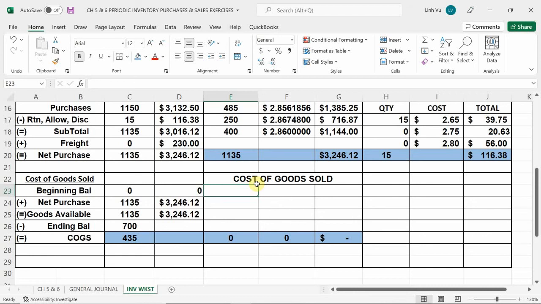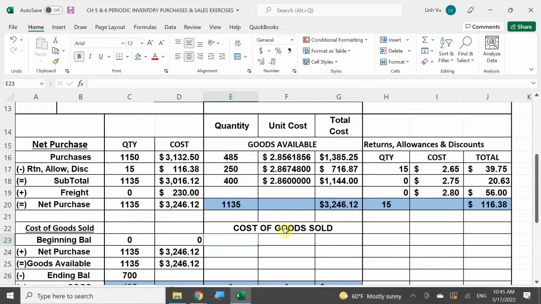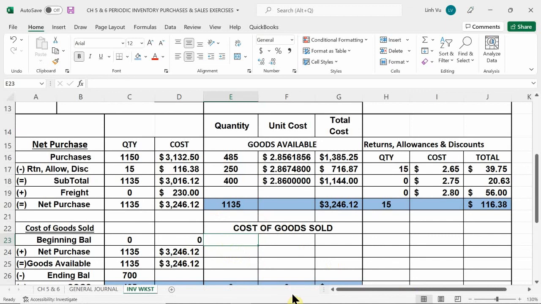Using the rules of LIFO, which batch am I going to sell from first? It's LIFO. Last in, first out. So let's take a look.